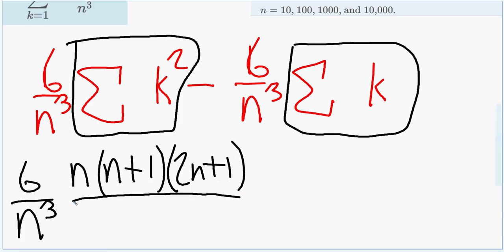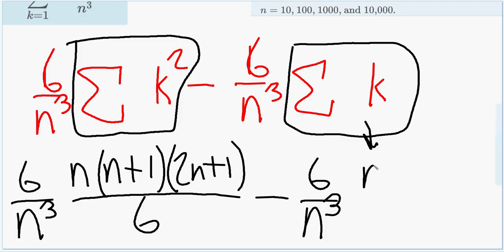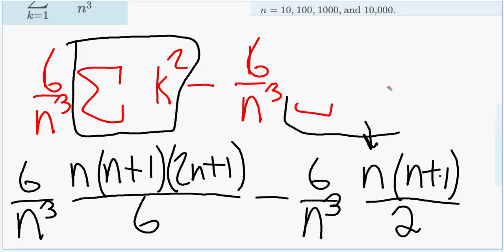And that's all over 6. And then minus, we got our second term. 6 over n cubed, back there. And the summation of k, we have the formula n times n plus 1 over 2.